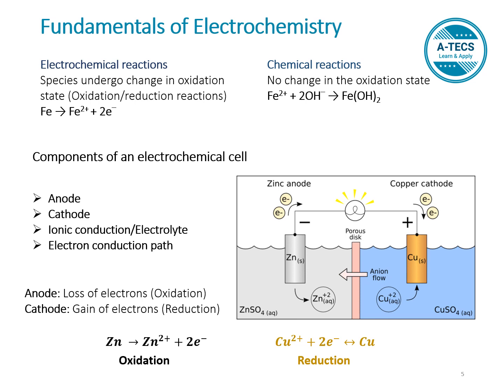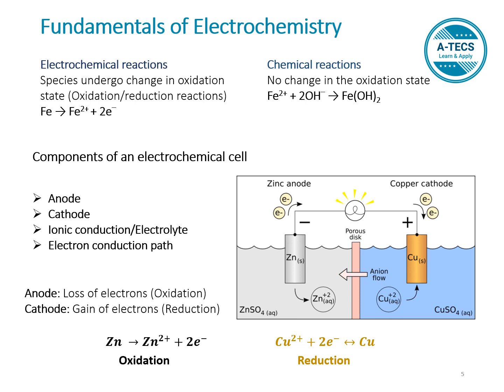To differentiate between electrochemical and chemical reactions, you will see no change in oxidation state in a chemical reaction. For example, I am showing you the conversion of ferrous ions. When they interact with hydroxyl ions, they form ferrous hydroxide. And if you calculate the oxidation state, you will see there is no change in the oxidation state of Fe ions on both sides of this equation.